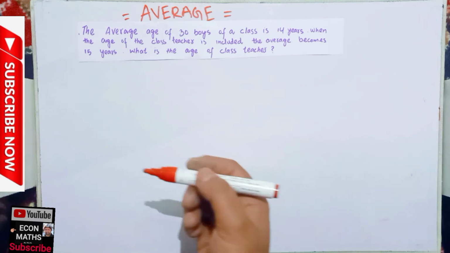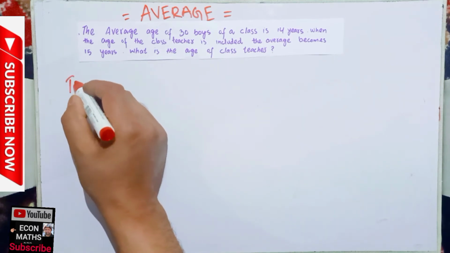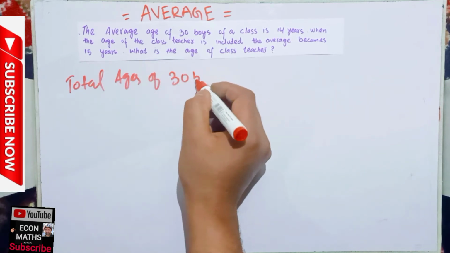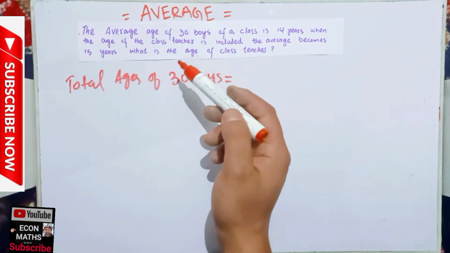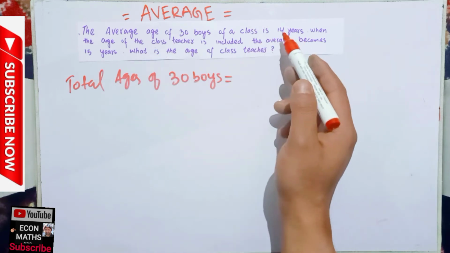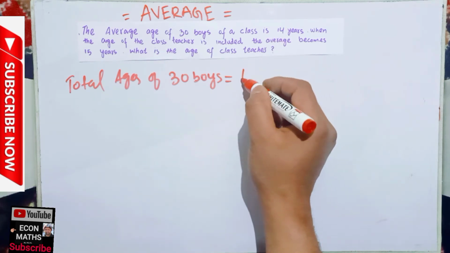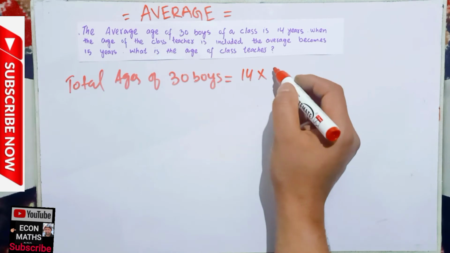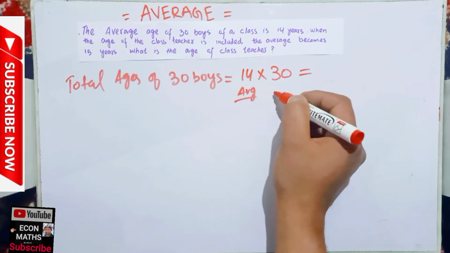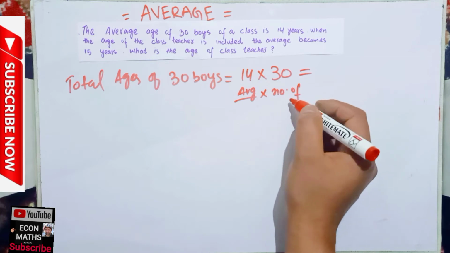Now here first of all we calculate the total ages of 30 boys, which is equal to average times number of boys.